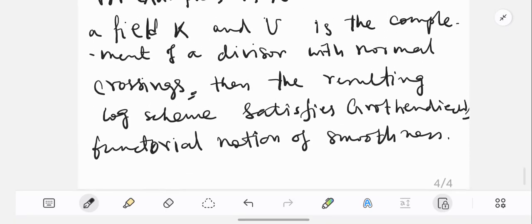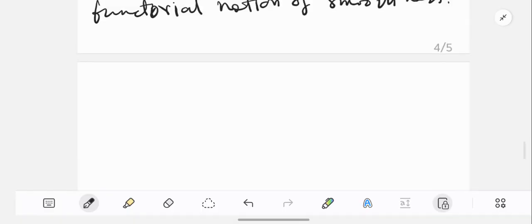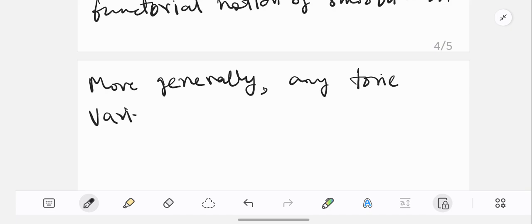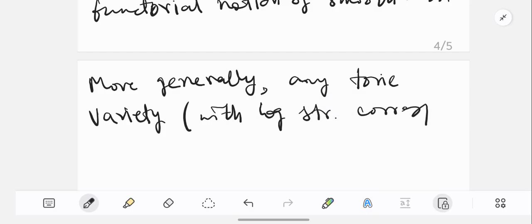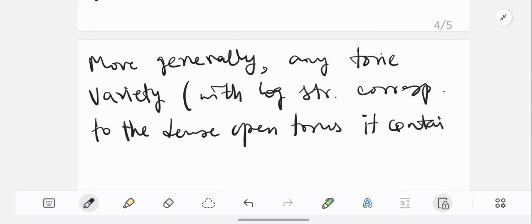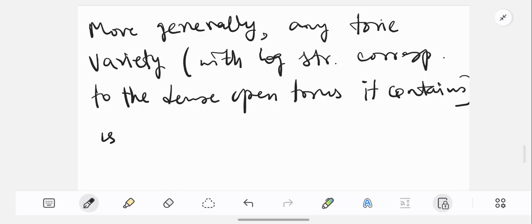More generally, any toric variety with the log structure corresponding to the dense open torus it contains is actually log smooth.